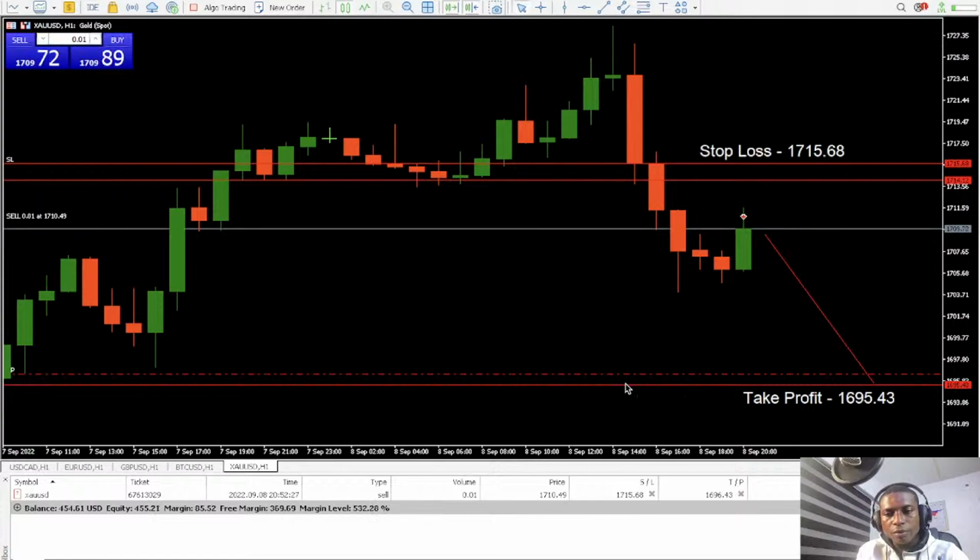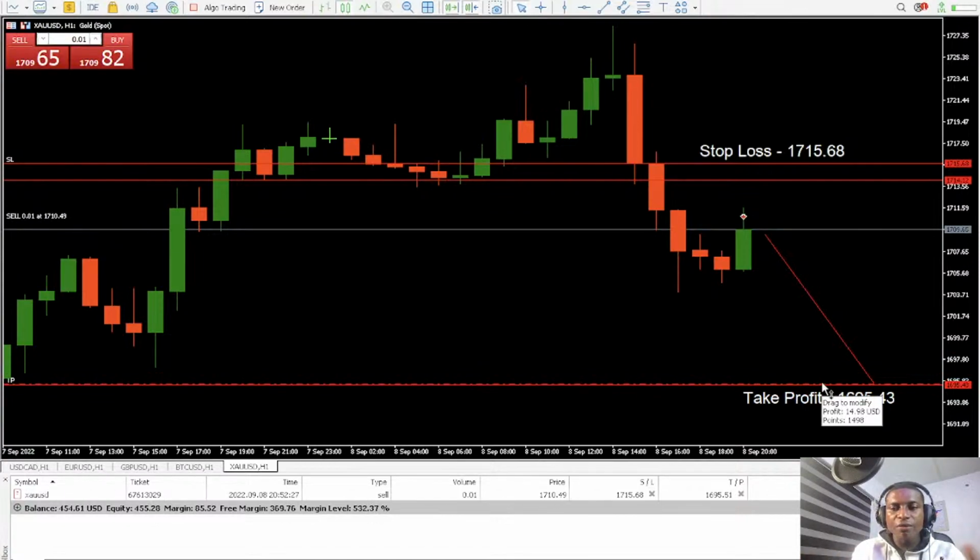So we can see that if this trade goes in our favor, we keep $14. If it goes against us, we lose $5.